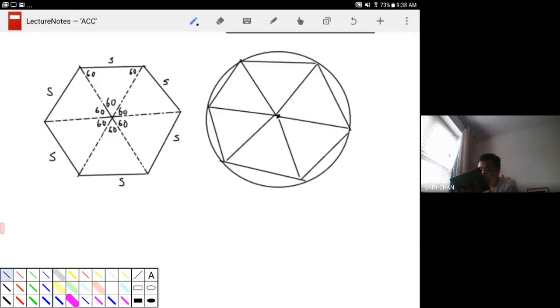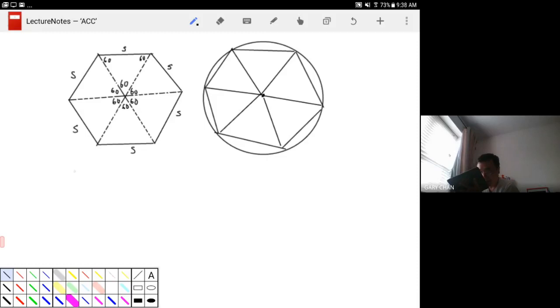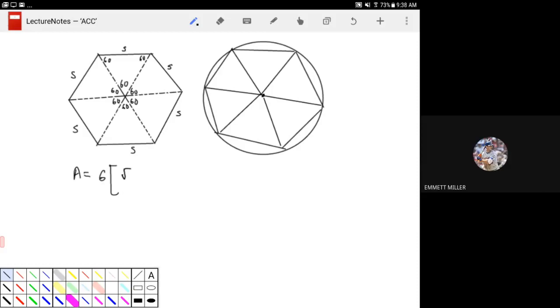So the area of a regular hexagon is going to be 6 times the area of the equilateral triangle, as we've discussed there. Do you guys remember what that is? Radical 3 over 4 times s squared.